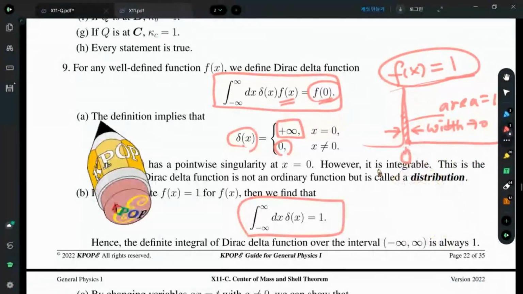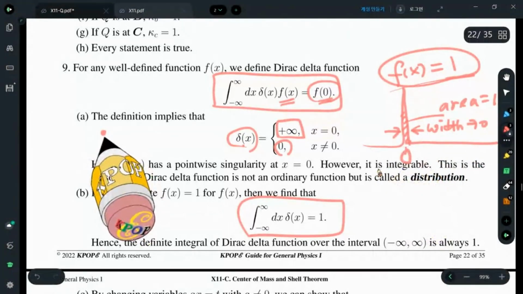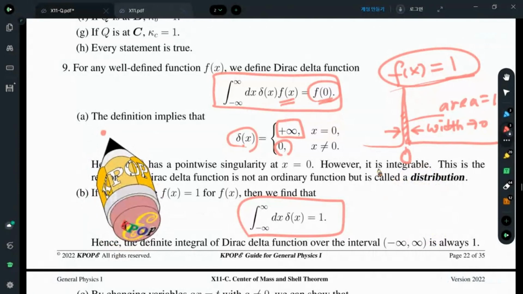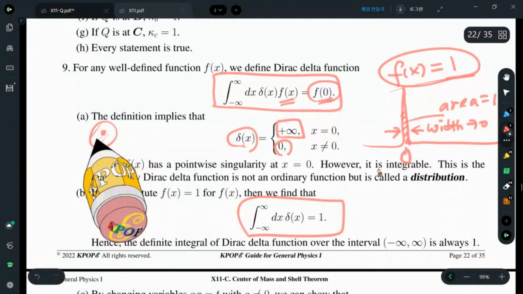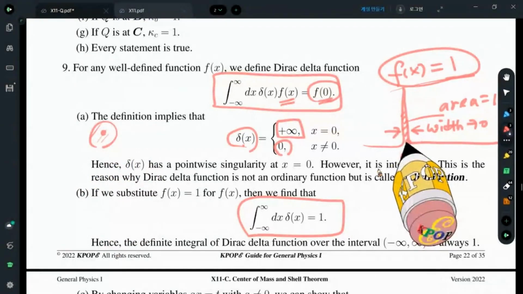In physics, point particle, point mass, point charge, everything of this kind can be expressed in terms of the delta function.